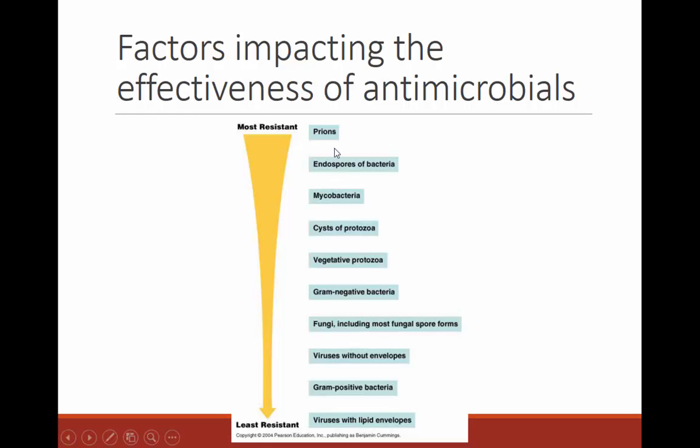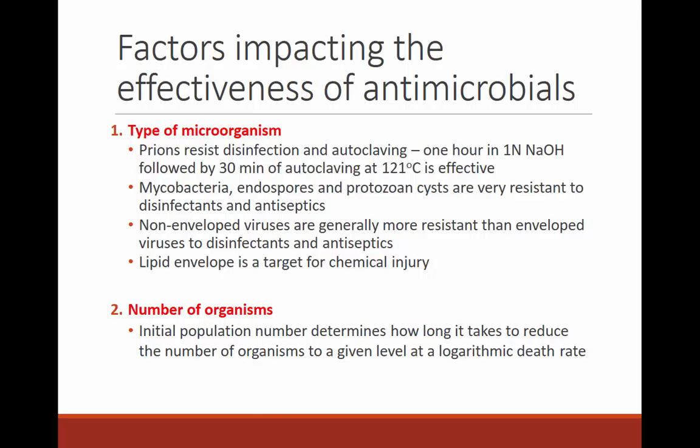Okay, so it's just interesting to see the hierarchy of how antimicrobials affect those particular types of microorganisms. So we go with the type of microorganism. So if you think about factors affecting antimicrobial action, we've got the type of microorganisms, so prions are the hardest to get rid of. They can resist disinfection and autoclaving, which is not a good thing.